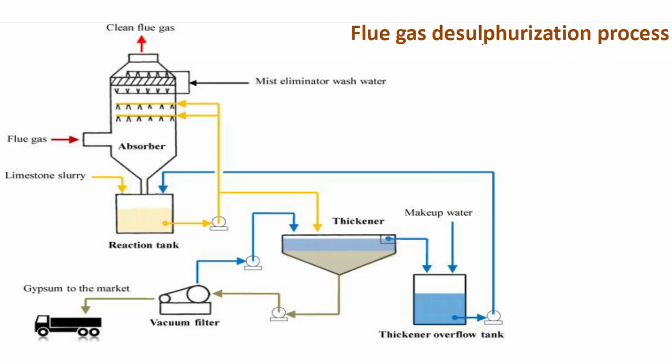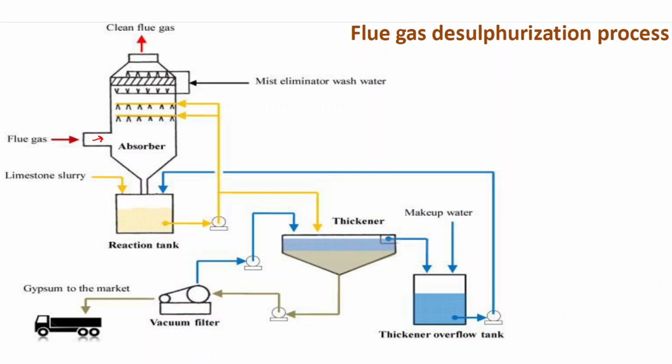Now coming on to flue gas desulfurization. This is a flowchart for the removal of sulfur from flue gas. As we can see from here, flue gas goes in, and here limestone slurry is also introduced, and it is also regenerated. The limestone is regenerated from the same procedure.